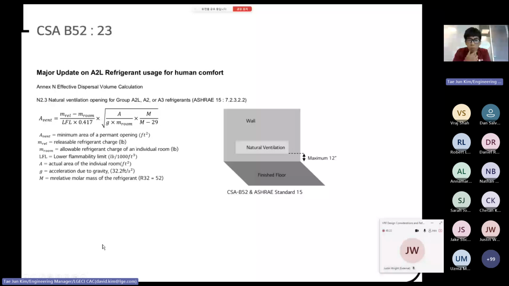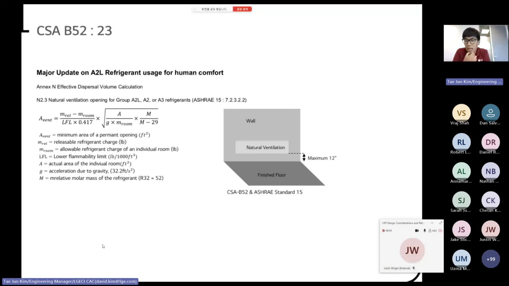Another update that was interesting was the natural ventilation equation. In the previous CSA B52 and also ASHRAE 15, they didn't really talk about the limit of the natural ventilation, the location, or the size requirement for it.